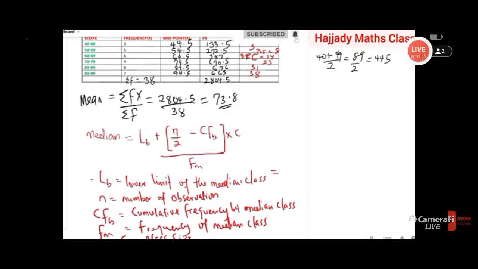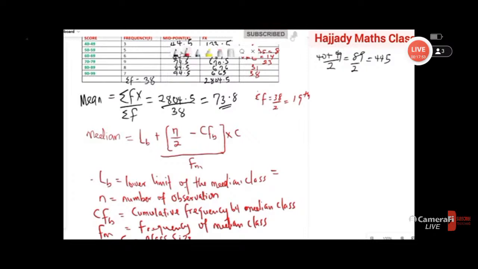Now let's check. Since our summation F is 38, our median class is going to be the one containing the 38 over 2, which is the 19th value. So where does our 19th value fall? We can see that it falls on this region. So this is going to be our median class.